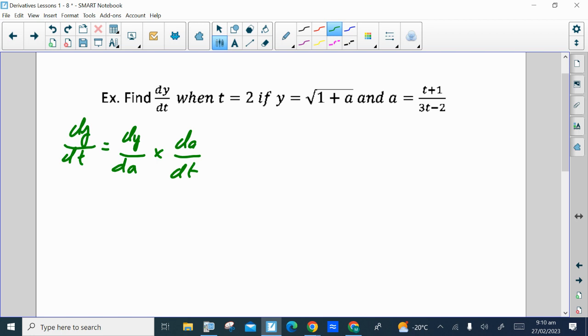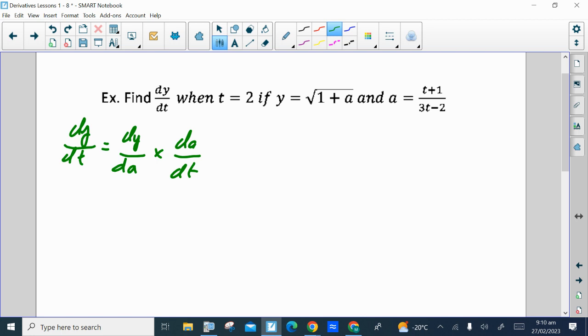Well, the first expression is y equals the root of 1 plus a. It is y in terms of a. If you want to find the derivative of this first expression, it would be dy by dA, the derivative of y with respect to a, right? And the second expression we have here is you're multiplying by dA by dt. Well, that would be the derivative of the second expression. The second expression is a in terms of t.